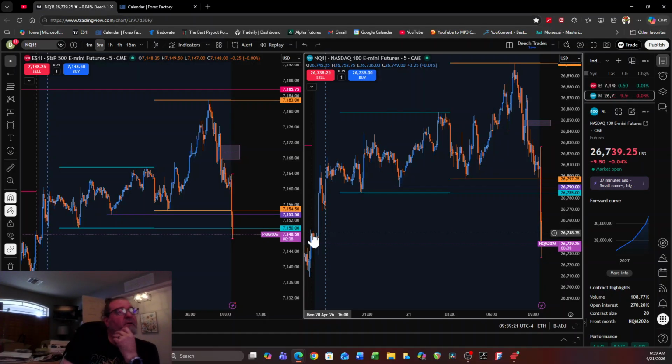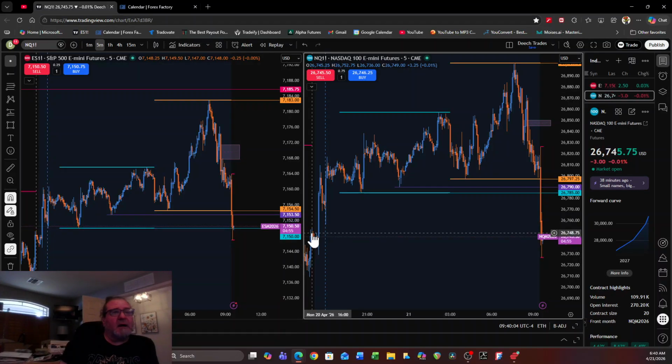I'll mark out some other areas of liquidity for target points, and then we'll look at getting into something there. Taking out a lot of liquidity here. Now, not always, but pretty often when there's a steep drop like this, there's a pretty equal offset to it that comes back at some point.